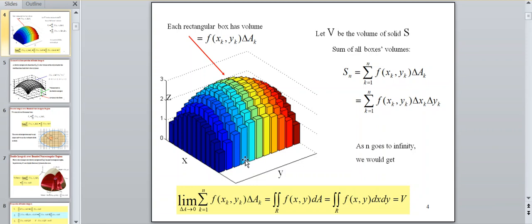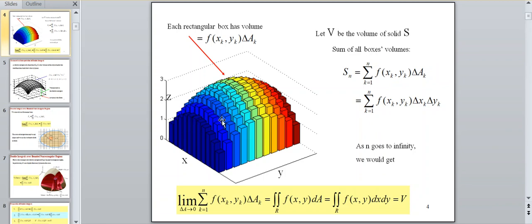Over each small rectangle here on the x y plane, we have a rectangular prism. So f of x k, y k times delta A k is the volume of each rectangular prism. When you take the sum of these, you have the sum of the volumes of all these rectangular prisms.